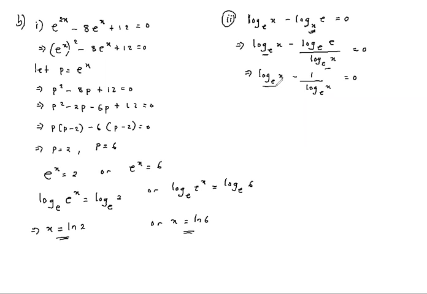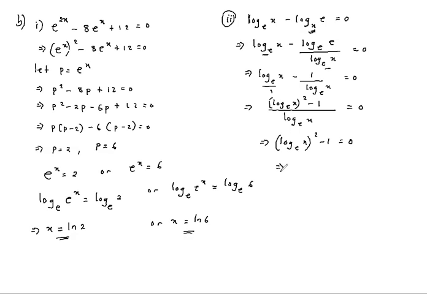If you don't use the word cross multiply, you get a common denominator, so that you have log e x squared minus 1 is 0. Then multiply throughout by log e x. You remain with log e x squared minus 1 is 0. It has gone back to cross multiplying.